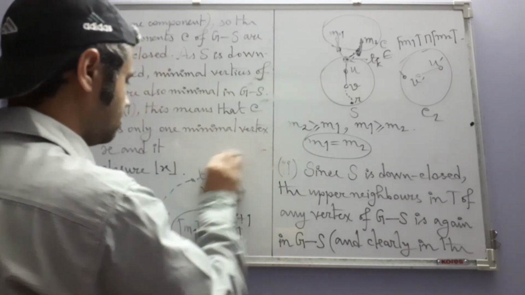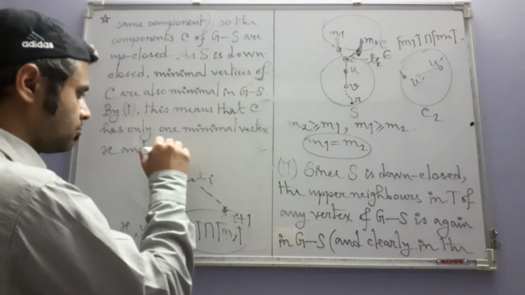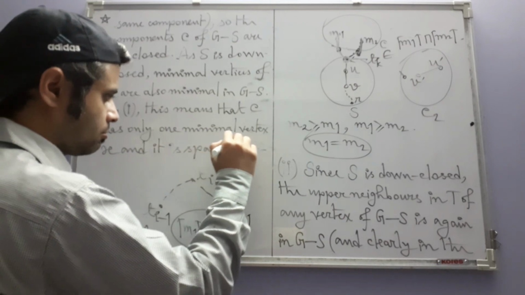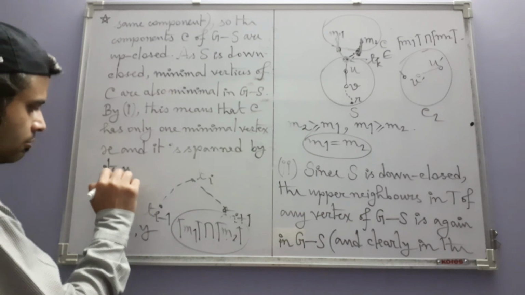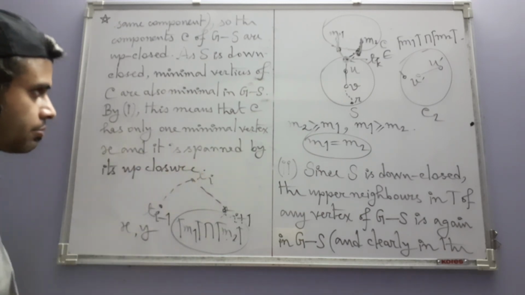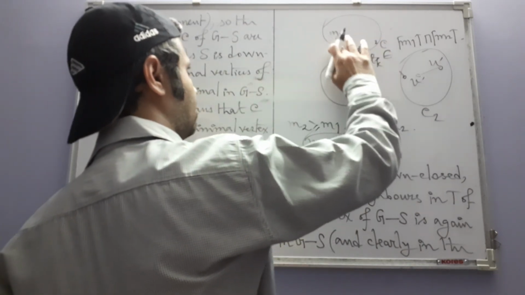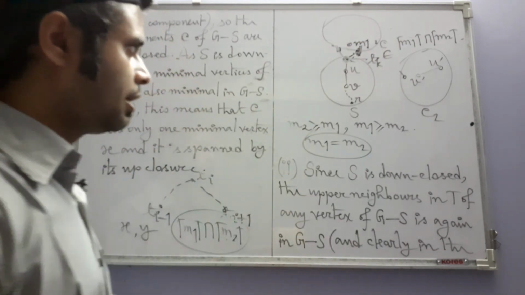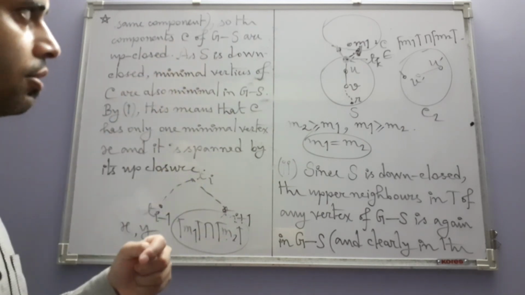it is spanned by, so that means we won't have M2 here, we will have only M1, because M1 is the minimal and we have already seen that the components are up closed.